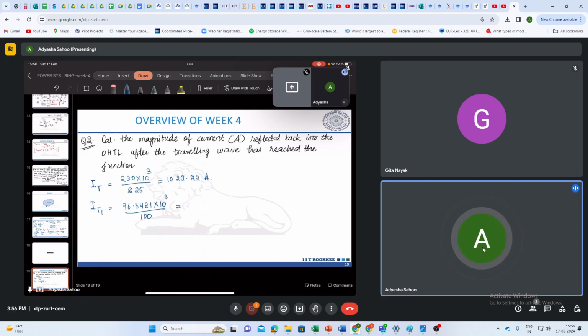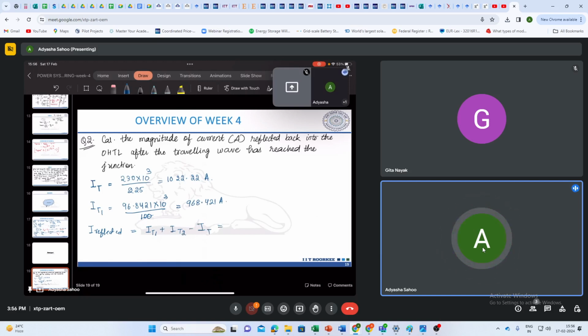So this current comes out as 968.421 ampere. So the reflected current will be the current through branch 1 plus the current through branch 2 minus the total supply current.